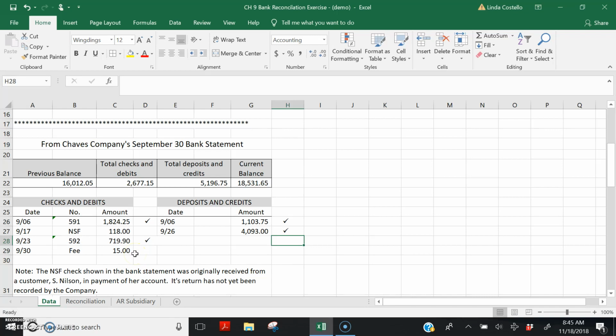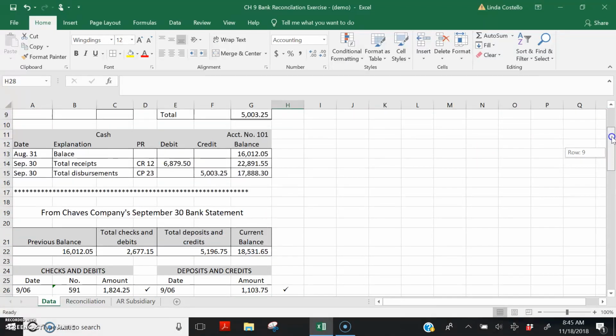We also identified the September 30th balance per bank's $18,531.65 and the September 30th balance per books $17,888.30. So we are ready to complete our bank reconciliation for Chavez Company.